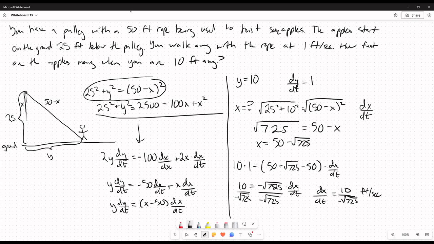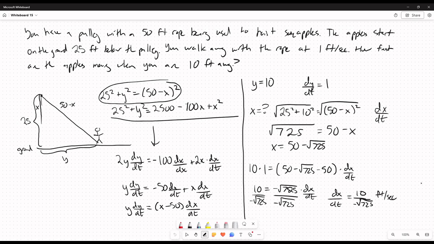So there you go. As a quick addendum, it is probably more important than ever that we actually write an interpretive sentence for this problem, especially because we have a negative sign in our answer. And since we were looking for speed, we're not really going to care about the negative sign. So it's probably good to just practice writing a conclusion sentence here.